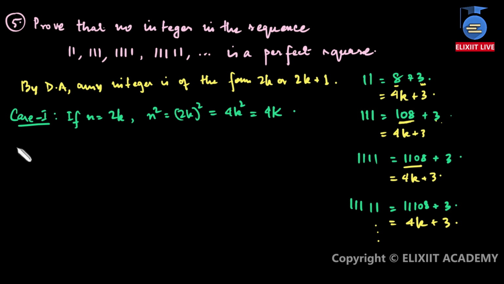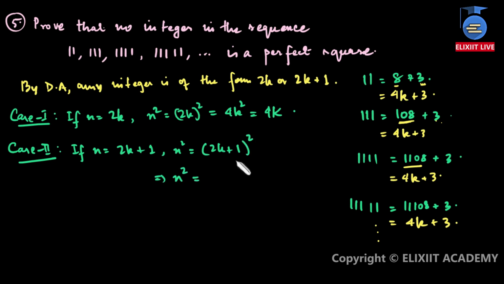In case 2, if n is equal to 2k plus 1, then n square is 2k plus 1 whole square, which expands to 4k square plus 4k plus 1, which is a multiple of 4 plus 1.